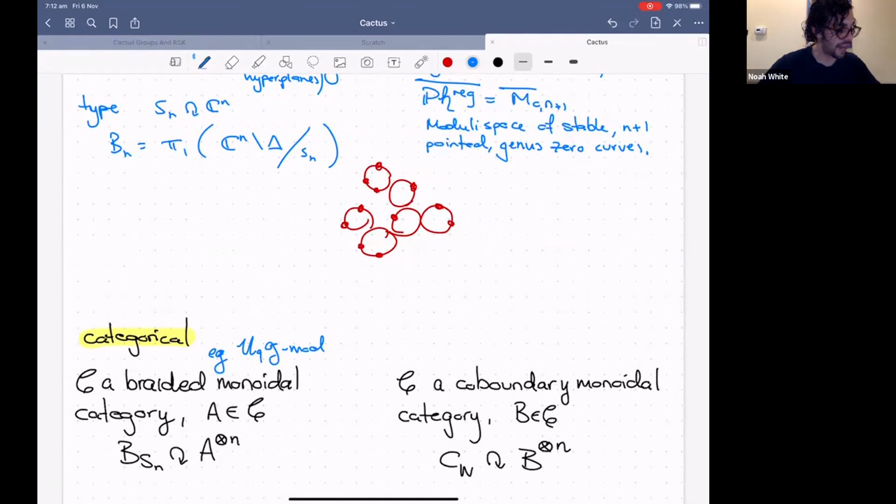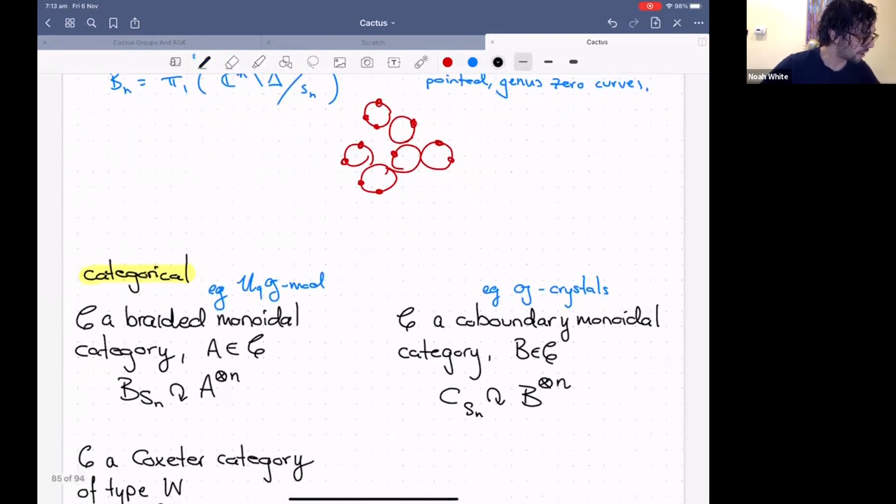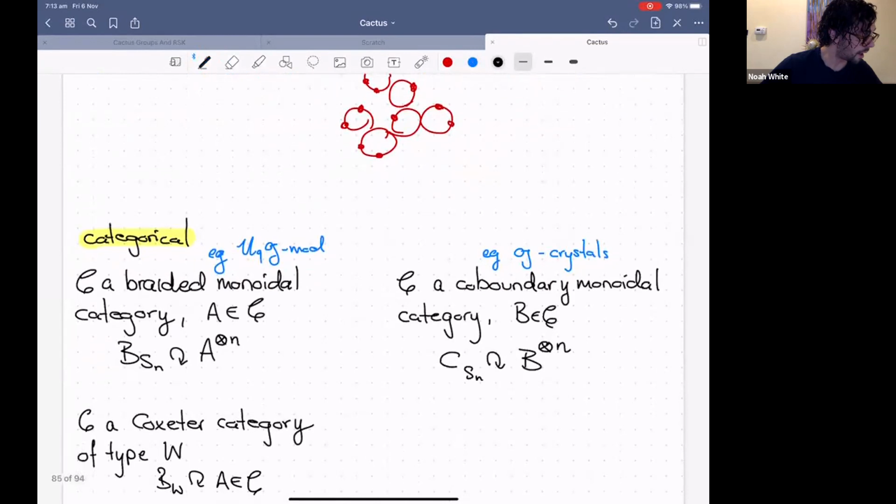In the same way, if you have what's called a coboundary monoidal category, for example the category of crystals for a Lie algebra, then every object's n-fold tensor product has an action of the type A cactus group. So that's another place that it pops up. And there's an analog as well for other Coxeter groups. If you have what's called a Coxeter category, this is due to Appel and Toledano Laredo, except I can't spell.